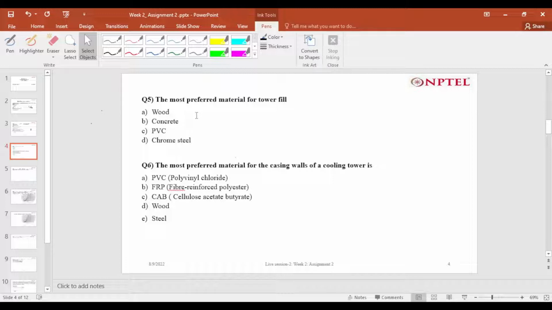PVC means polyvinyl chloride. This is generally the preferred material, PVC, polyvinyl chloride.